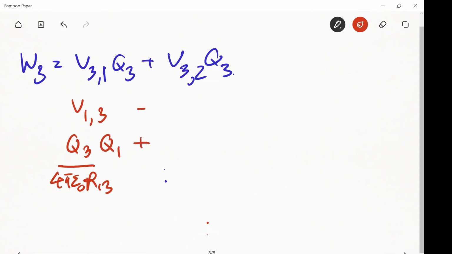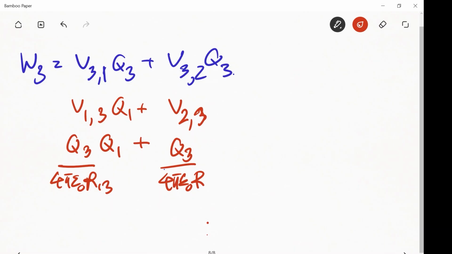And we have this potential V23, which means this is the potential produced by Q3 at point 2. I need to multiply by Q2 because I move Q2 to location P2.